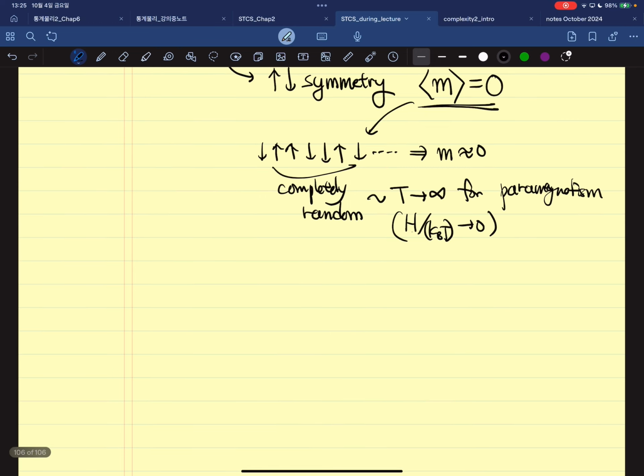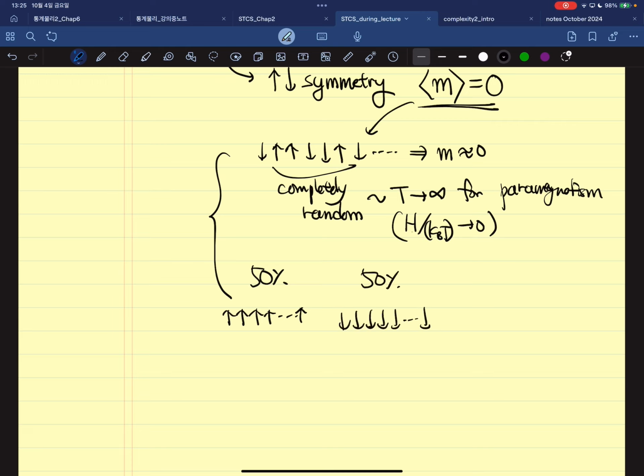But there can be other possibilities in this case. For example, as an extreme case, suppose you have a 50% chance of an all spin up state and 50% chance of an all spin down state. Even in this case, if you simply take the average of these cases, you will have exactly 0 magnetization.